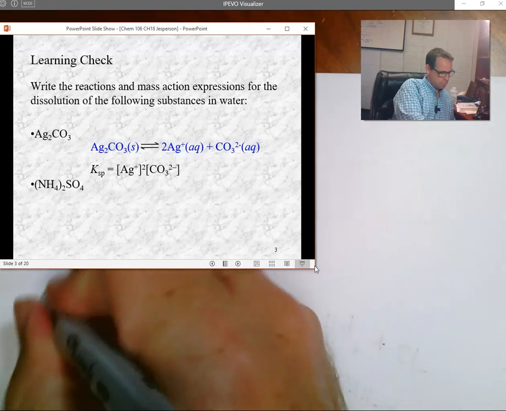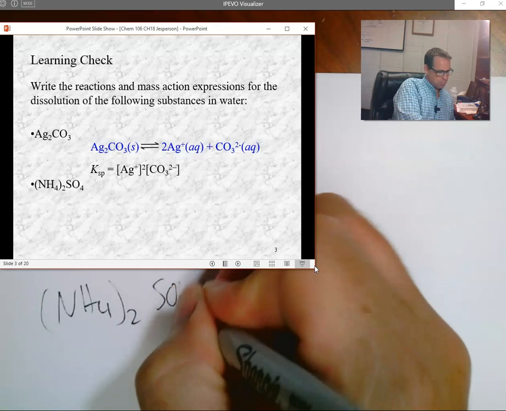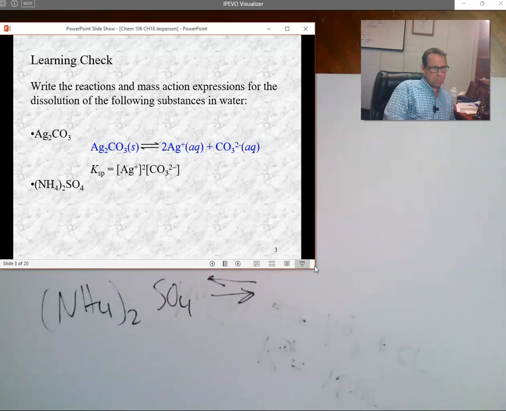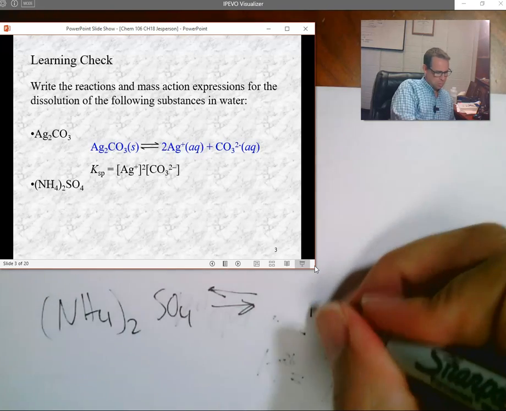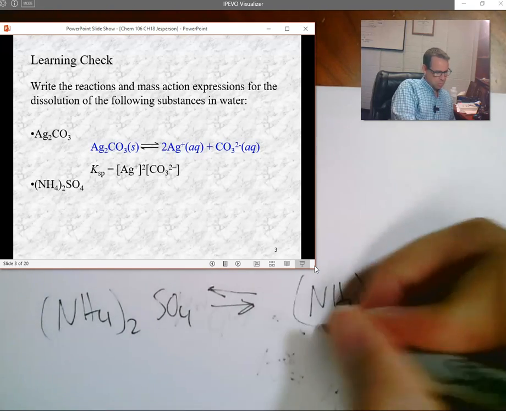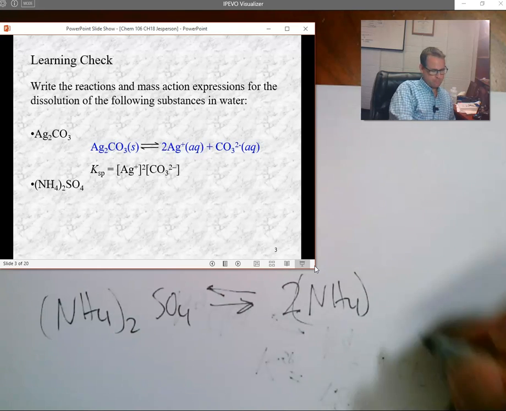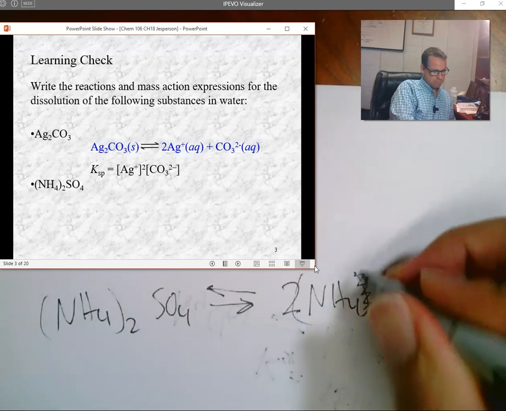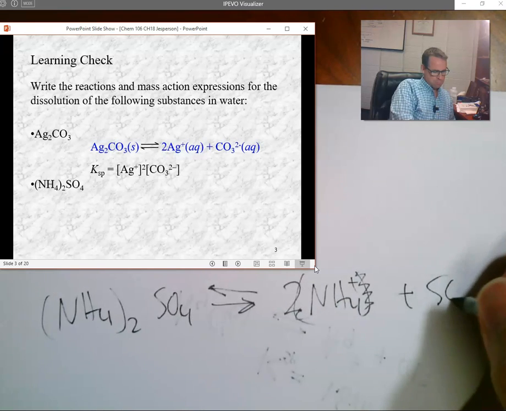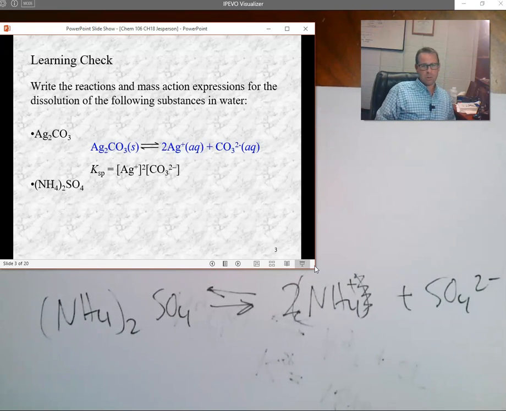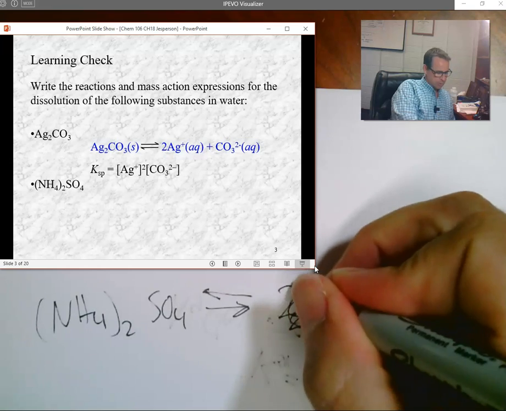So the NH4 would be 2 NH4. Yep, that's right. 2 NH4 plus, and then added to the SO4 minus. But I guess SO4, it would be 2 minus. Yeah. 2 minus. Very good.